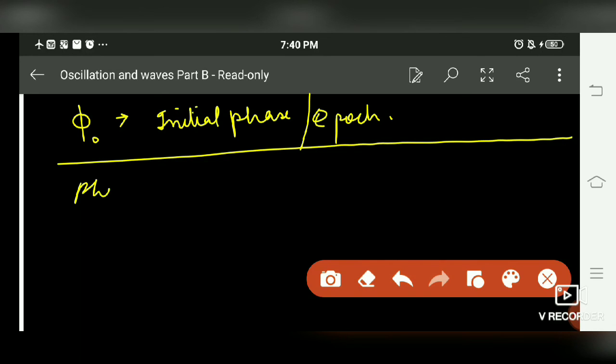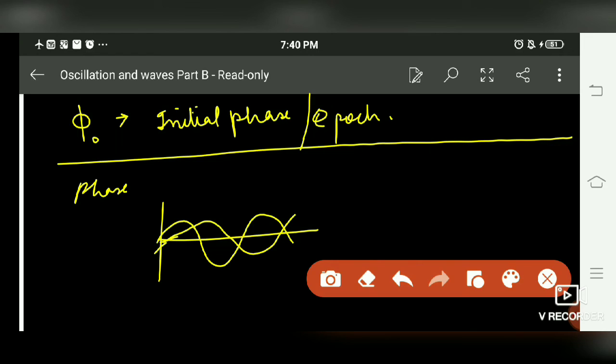Phase difference. Suppose I have two waves. One is originating like this. The other is originating at some other angle, say from here. Let it be originating with phase phi 1 and the other with phi 2.